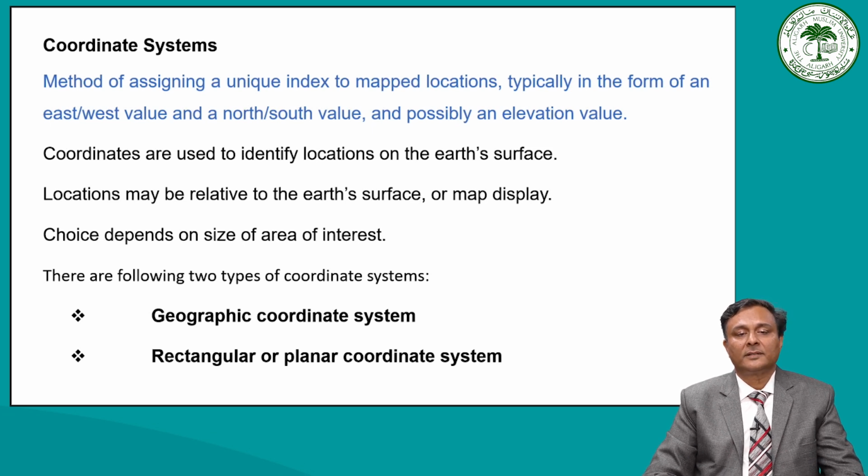The choice depends on the size of the area of interest. And that is why there can be two types of coordinate system. One is the geographic coordinate system, and another, which we have already discussed, is the Cartesian coordinate system, which can be termed a rectangular or planar coordinate system.